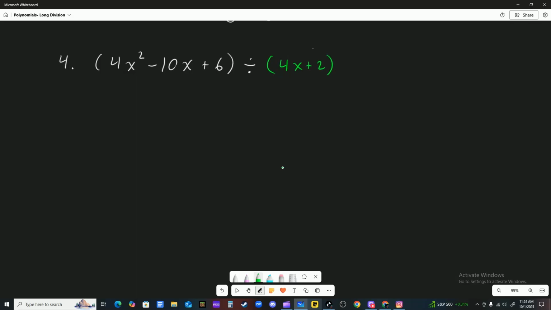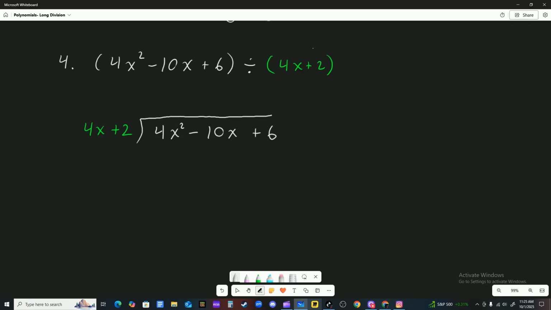All right, let's build our little long division format. So we have 4x plus 2 divided into 4x squared minus 10x plus 6.